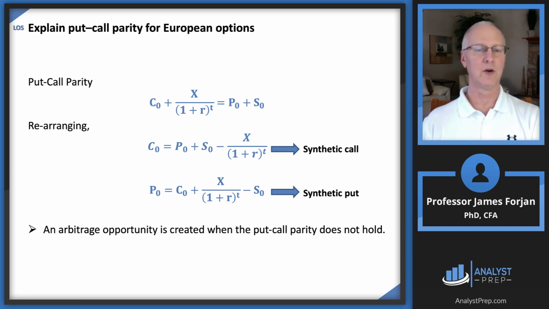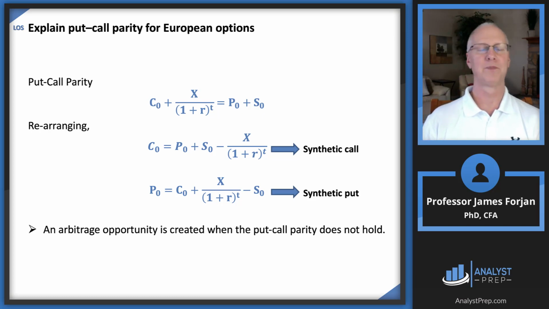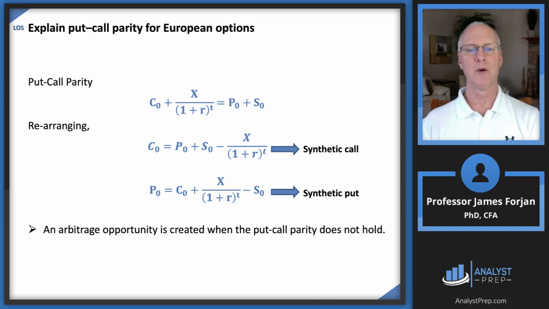We can go to the options exchange and buy the option for whatever the price is, or we can synthetically replicate the payoffs to that call option by going to the stock market, buying that stock, going to the option market and buying the put, and writing a risk-free bond. And then we can rearrange for the put option as well. So remember that you rearrange put-call parity to create a synthetic call or a synthetic put.